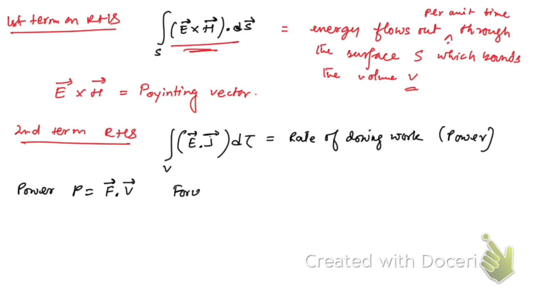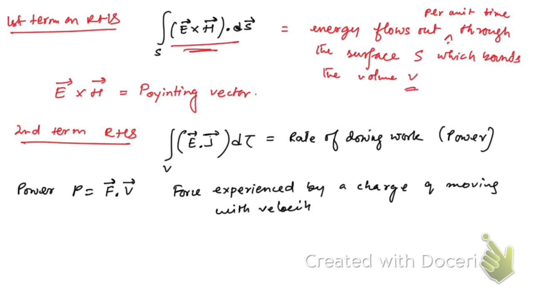The force experienced by a charge q moving with velocity v is given by F equals q into E plus V cross B, which is also known as the Lorentz force, right?